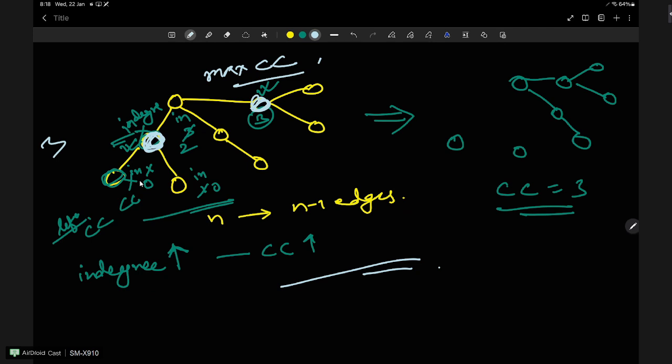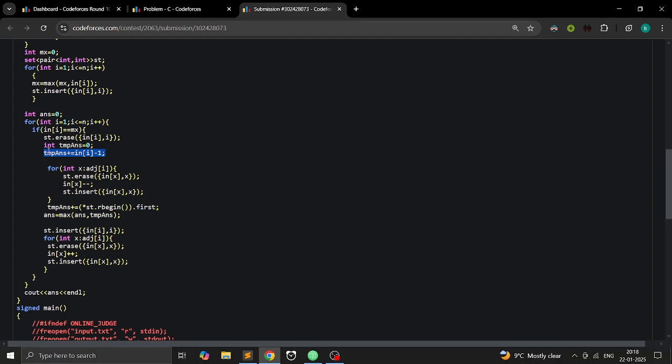But whatever we have, one of them would be deleted again to some in-degree, like if it would be deleted to some 2. So basically we have to consider minus 1 here. So the answer would be incremented to in-degree of i minus 1.